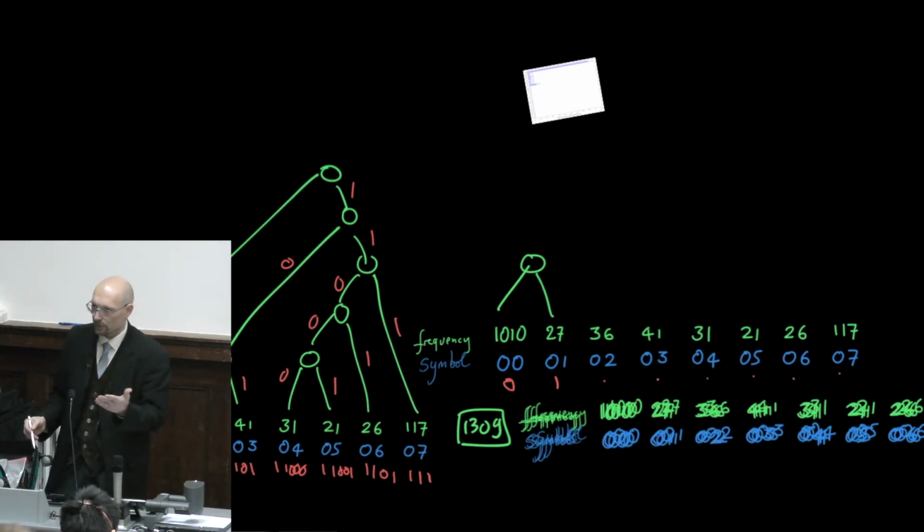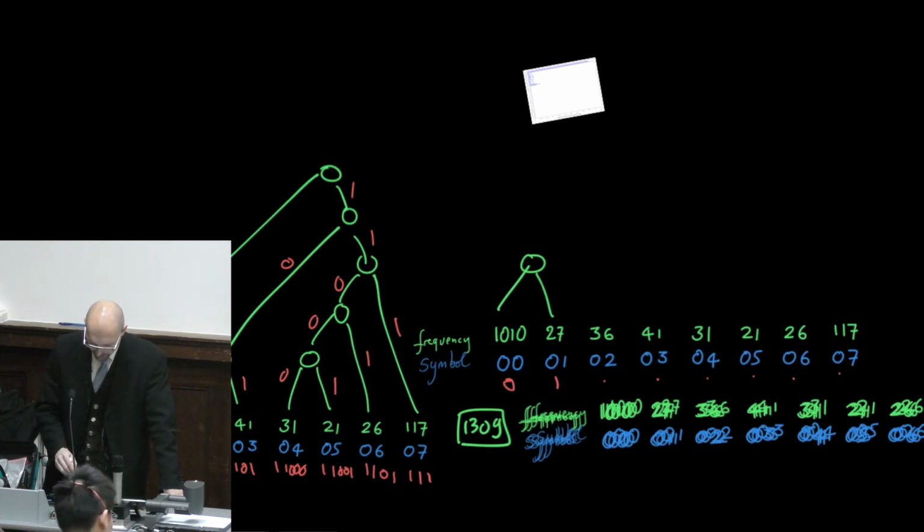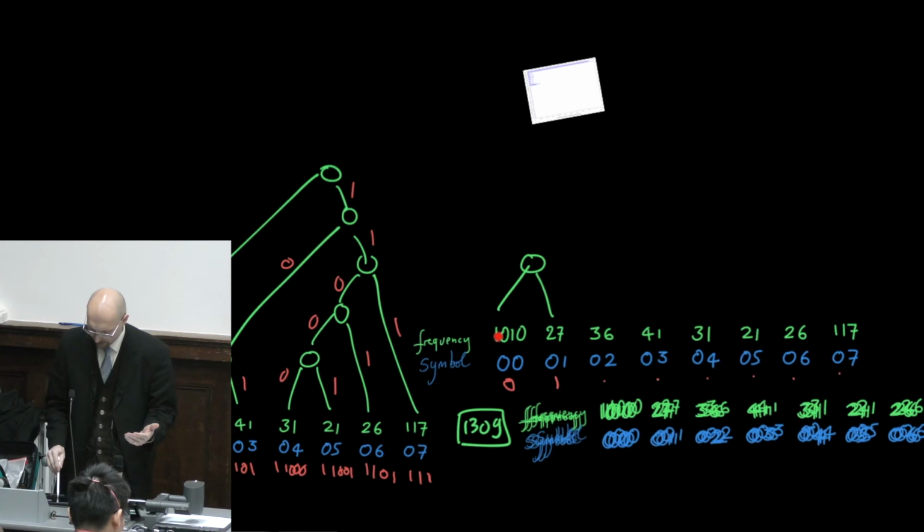Because they don't have a code word, the code is incomplete and doesn't work. But because they don't have a code word, the length of the code word is 0, and so they don't cost anything. So although this code is incomplete, its cost would be 1 for this and 1 for that. So the cost would be 1 times 1010 plus 1 times 27. So it means just add this up. So that's 1037. And I write this cost in here.